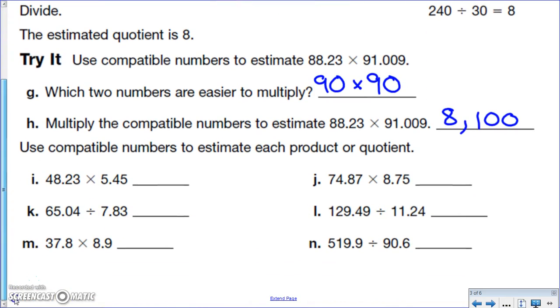So for I through N, we're going to use compatible numbers to estimate each product or quotient. So for I, we're going to round 48 and 23/100ths to 50, and then we're going to round 5 and 45/100ths to 5. And we know that 5 times 5 is 25, so 5 times 50 will be 250.